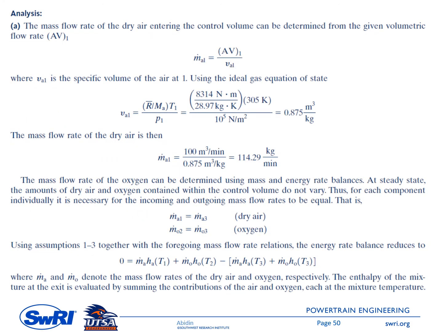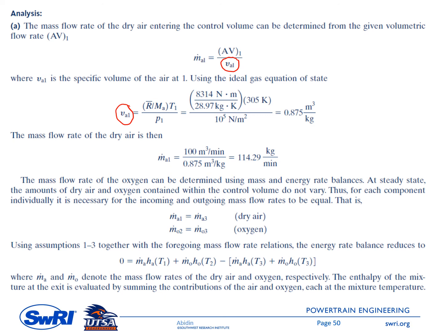The mass flow rate of the dry air entering the control volume can be determined from the given volumetric rate, AV. So m dot here is AV divided by the specific volume. We can use the ideal gas equation of state to estimate the specific volume of the dry air.